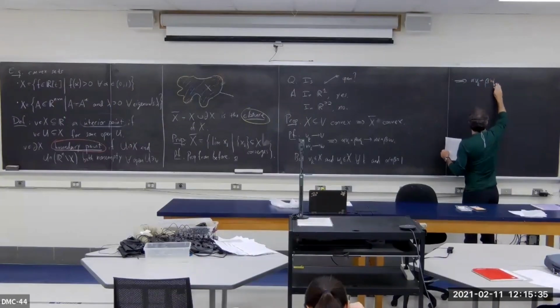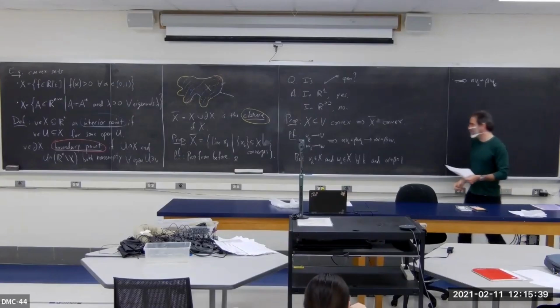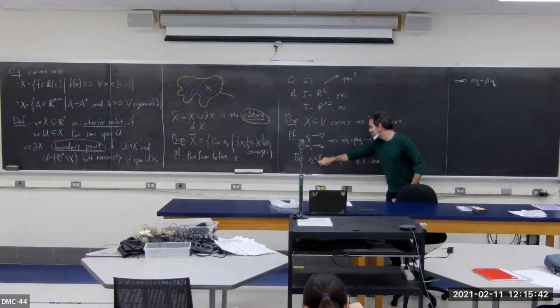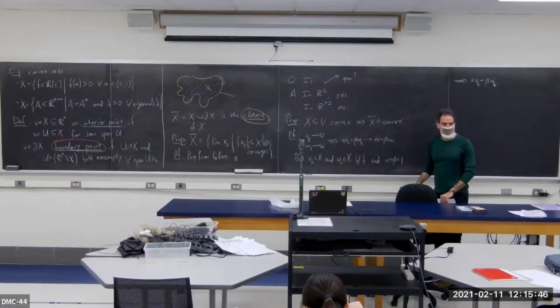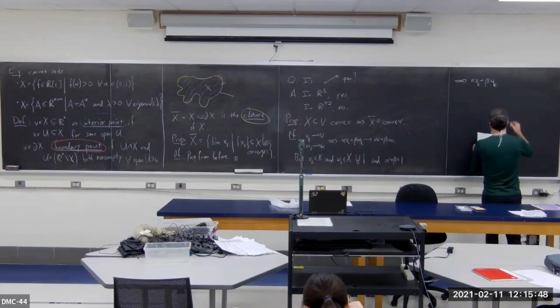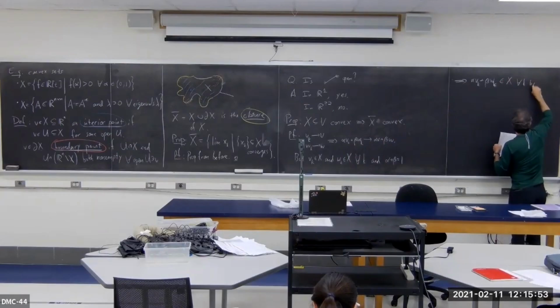This is now a convex combination of Vk and Wk. So if we assumed that these are both in X, then this convex combination also lies in X. So that's in X for all k by convexity.